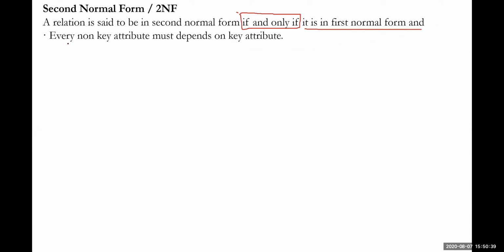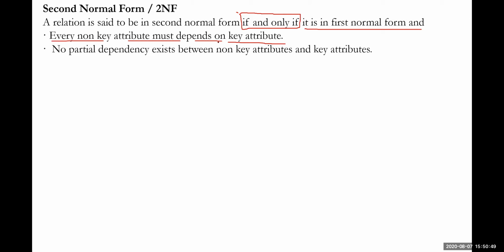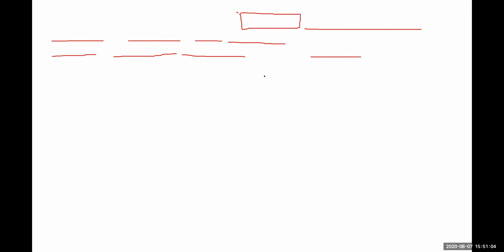The rule is that every non-key attribute must depend upon the key attributes. There must not be any partial dependencies existing between the non-key attributes and the key attributes. Look at the previous slide one more time.